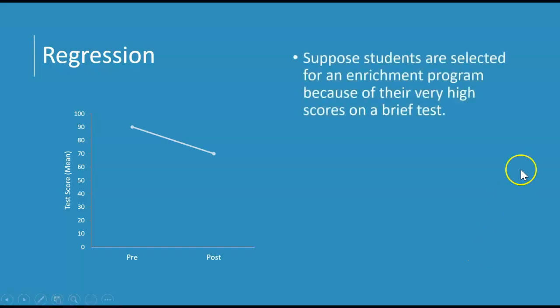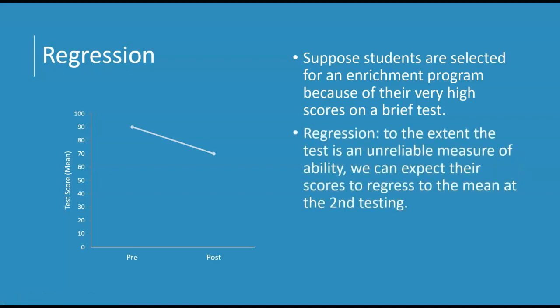So in this example, suppose you have students selected for an enrichment program because of high scores on a test, and it's a brief test. What might happen is that you have a pretest score at point A in time and a drop at post-test.